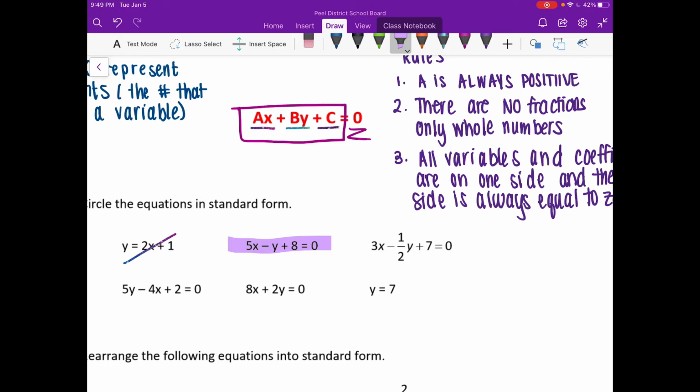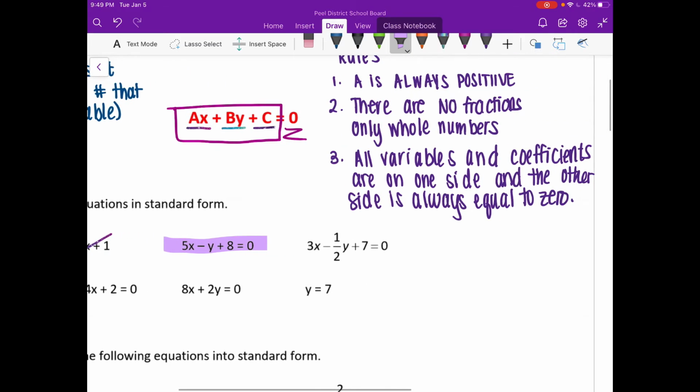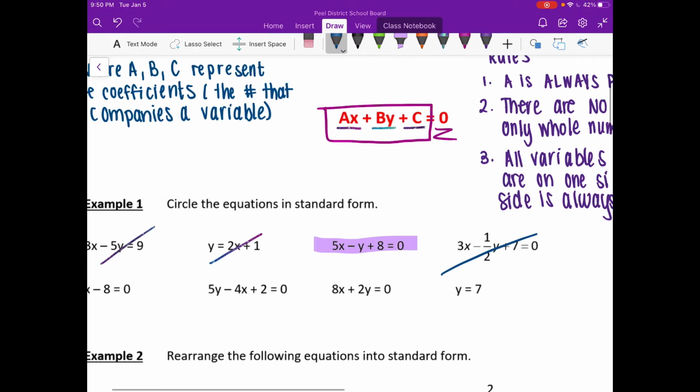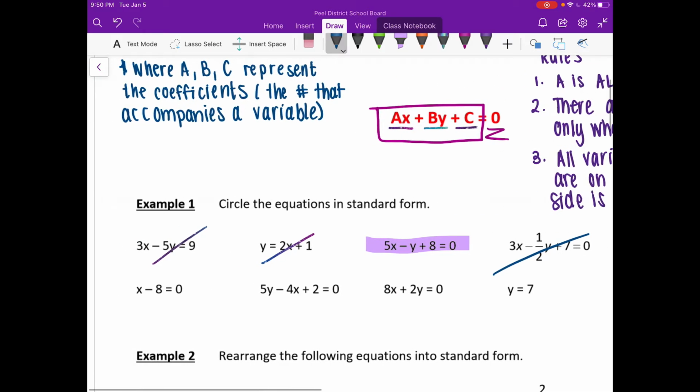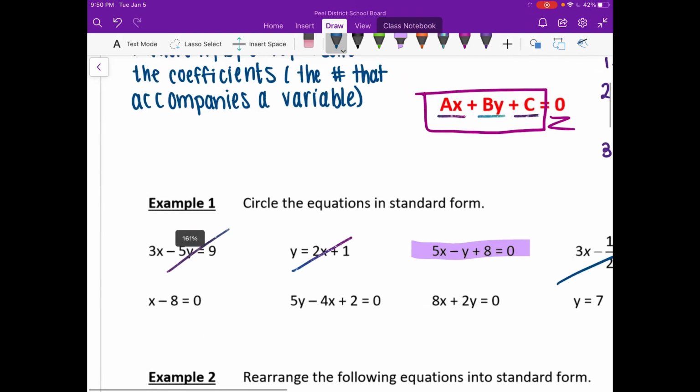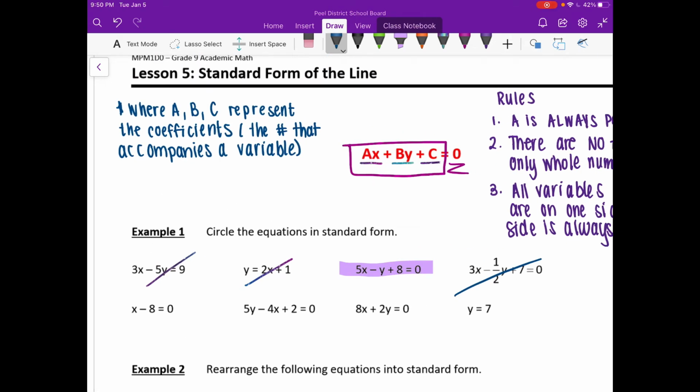Okay? How about for this one? 3x minus half y plus 7. A is positive, so that could pass, but there is a fraction, so this doesn't count. We can change it, but in this moment, it's not written as a standard form. Then we have x minus 8 equals 0. Is this written in the standard form? We have ax plus by.